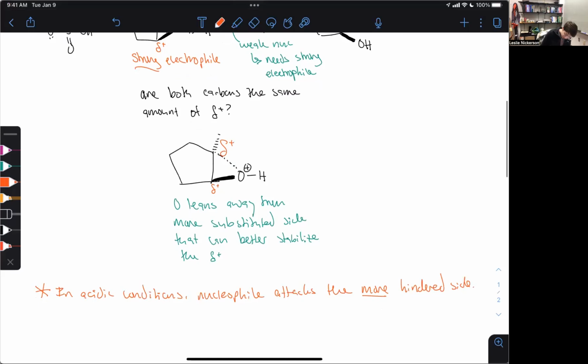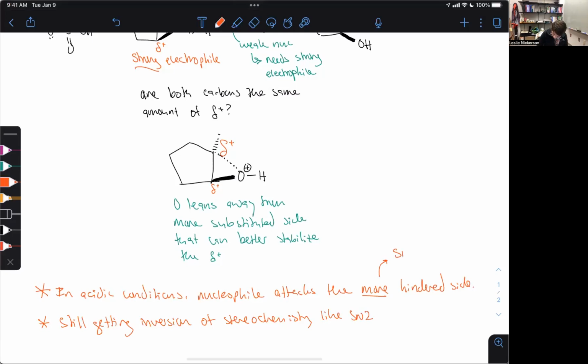We're still getting inversion of stereochemistry, like with SN2. The more hindered side, think about that like SN1, how SN1 substrates prefer to have the carbocation in a more substituted location. That's what we're looking at here. That more hindered part is very SN1-like, but the stereochemistry we're seeing is still very SN2-like.